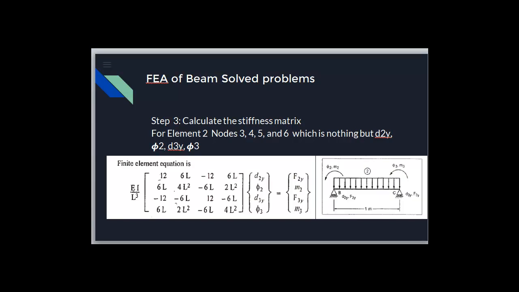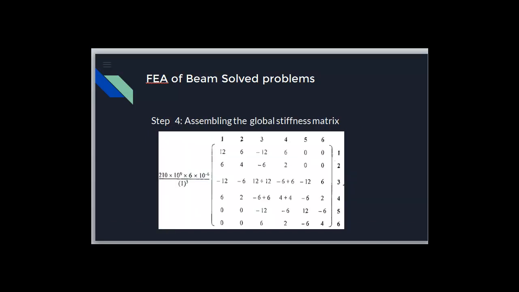Similarly for element 2, with the nodal displacements and rotations d2y, phi2, d3y, phi3 and its corresponding nodal force and moment, this nodal force vector will have forces and moments for element 2. After calculating the stiffness matrix for element 1 and element 2, the next step is assembling the global stiffness matrix.